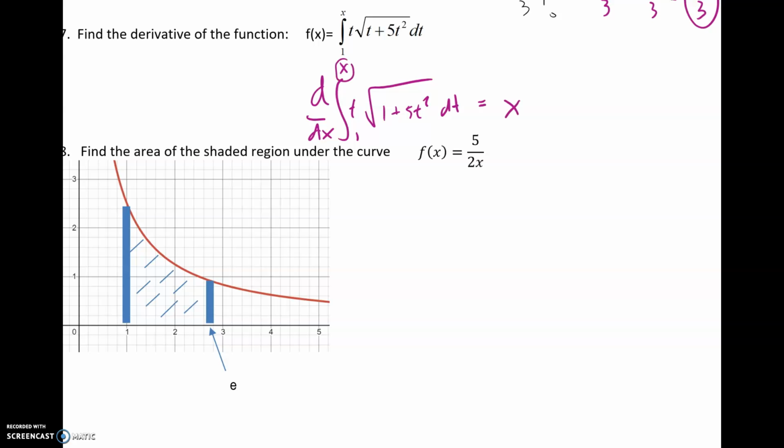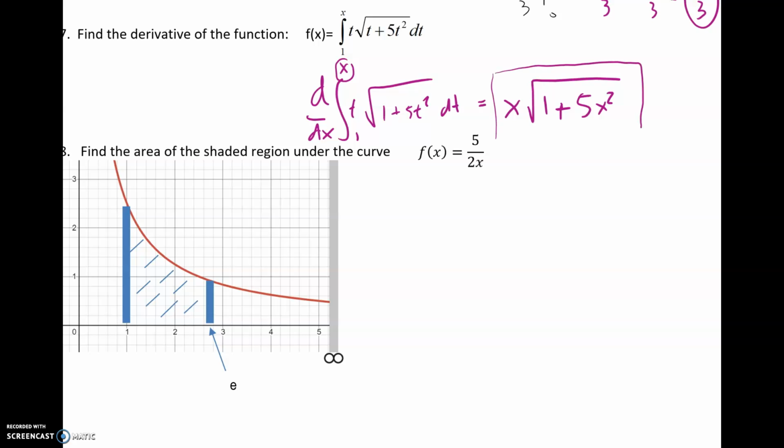So my answer is simply x times the square root of 1 plus 5x squared. Without actually having to antidifferentiate or differentiate, you're using that idea that you're taking the derivative of an antiderivative, so it's sort of like an inverse operation, and you're just back where you started. X times the square root of x plus 5x squared.